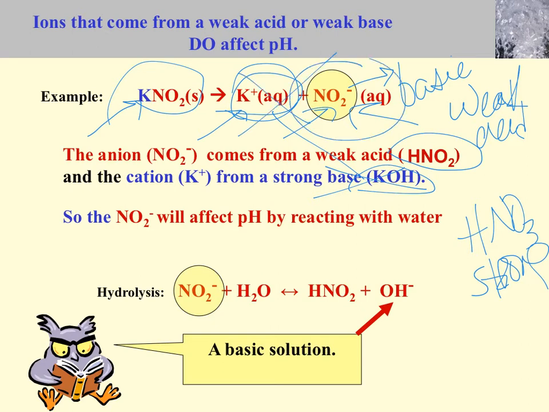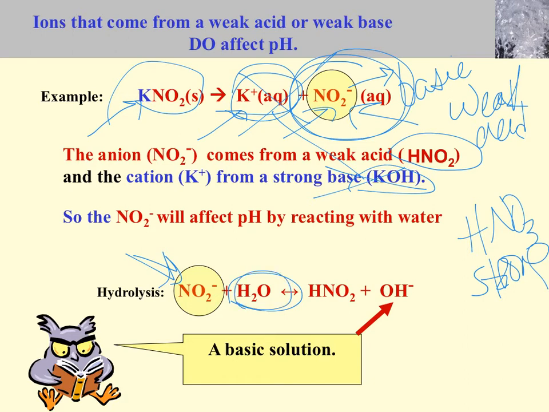So let's look a little closer at the nitrite ion and see how it could make a solution somewhat basic. The reason an anion from a weak acid such as nitrite can make an aqueous solution basic is because when you dump nitrite in water, it is capable, to a minor degree, of abstracting some of the hydrogen ions from a water molecule.